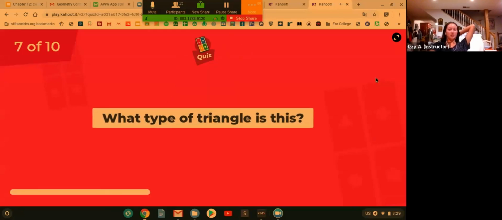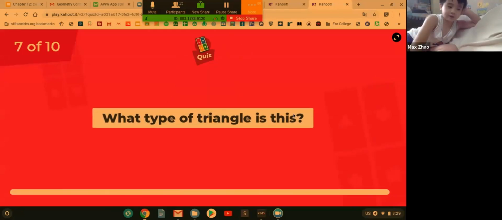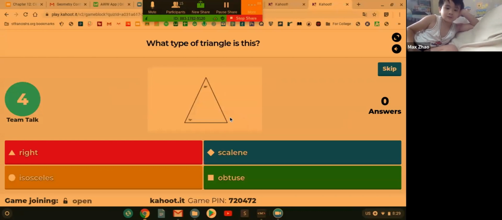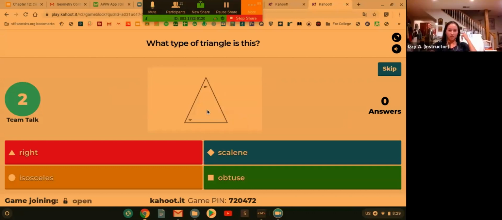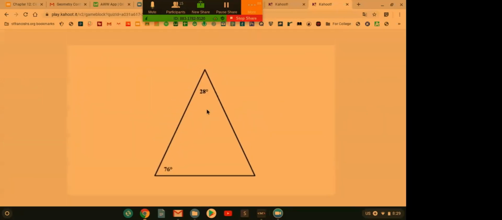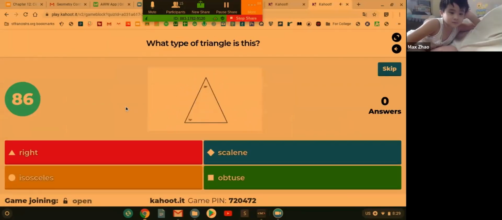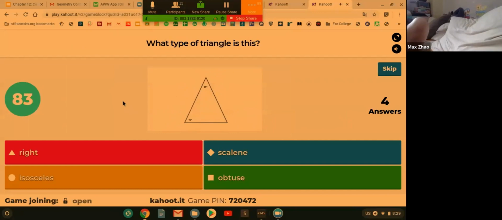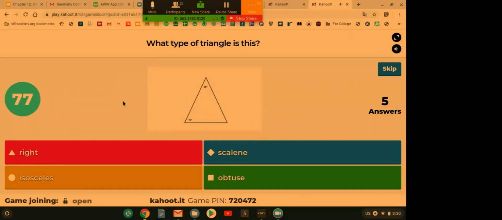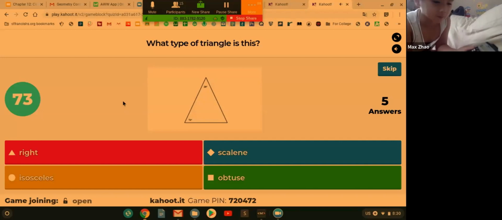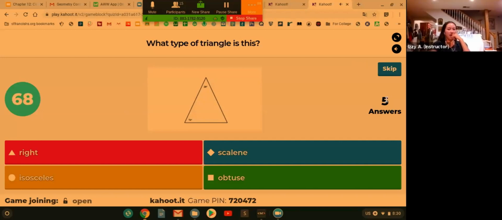All right. What type of triangle is this? Wait. Need a calculator. 180 minus the 2 numbers, but I won't tell you. There's 16. There's 5, right?